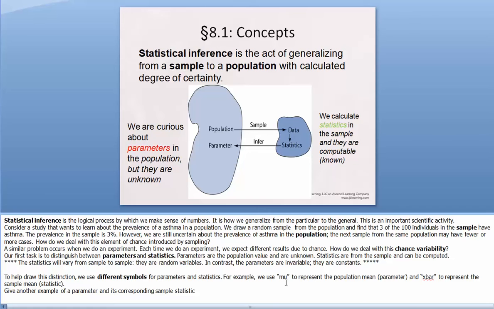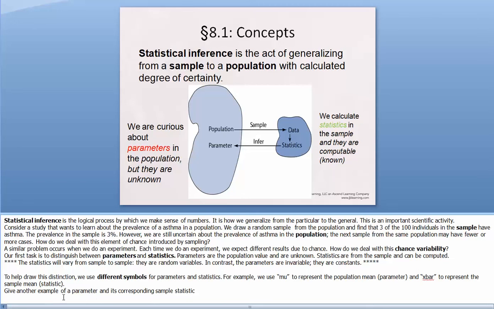Just like that, the population standard deviation is denoted as sigma, another Greek letter. The sample counterpart for the mean is the sample mean, x bar: X with a horizontal line on top. And likewise, the sample standard deviation is denoted by the lowercase English letter s.